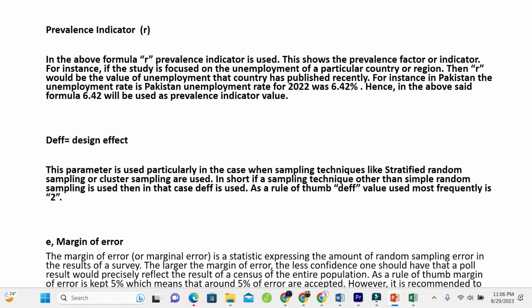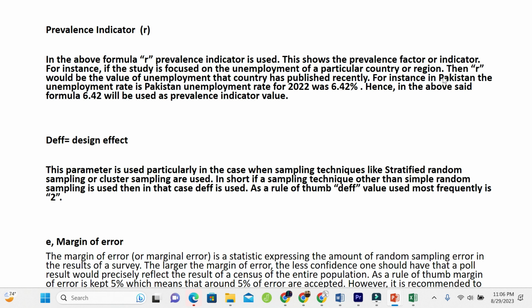R is basically the population proportion for that particular study. For example, if the study is focused on the unemployment of a particular country or region, then R would be the value of unemployment that country has published recently.